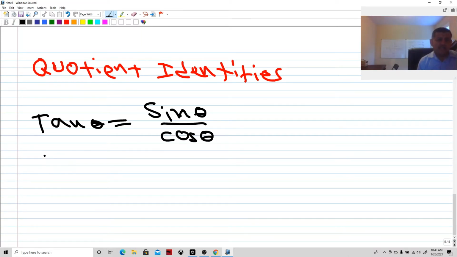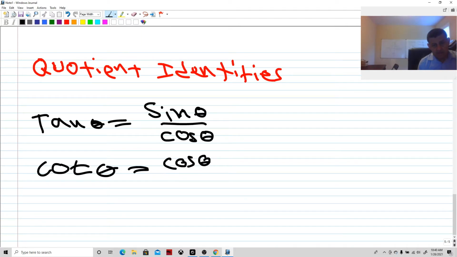And then we have cotangent of theta equal to cosine of theta over sine of theta. These are the quotient identities, because you have one function divided by another function. That's the whole purpose of those.